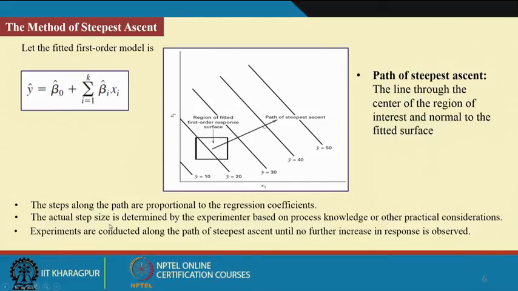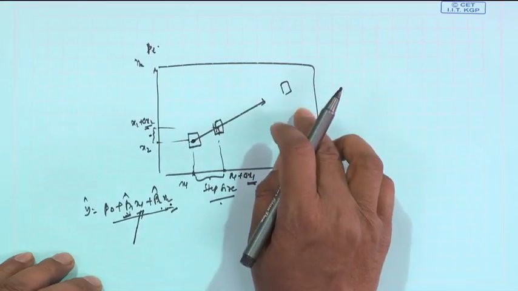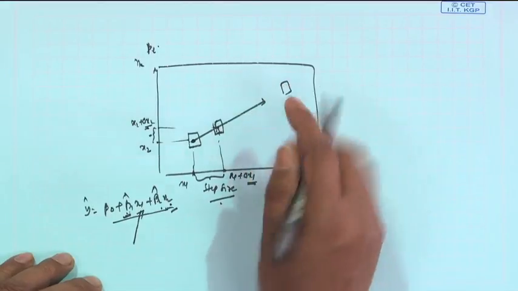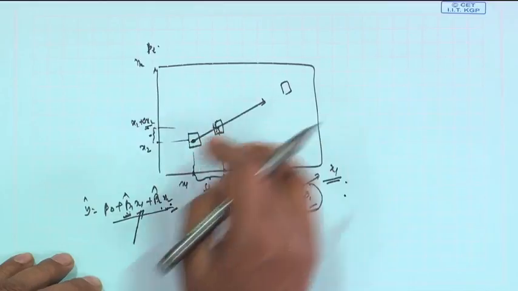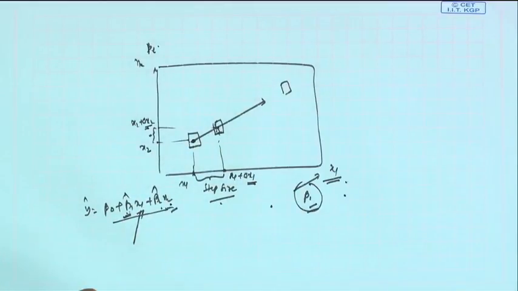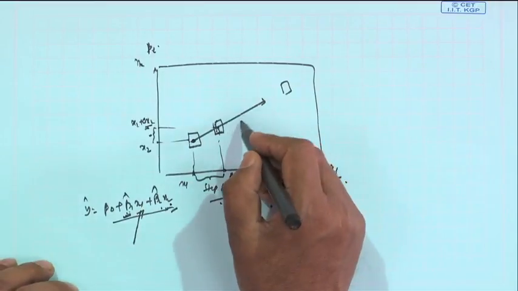I will tell you the computation issue later, but the issue is that in order to go along this line you need to choose steps, that means how far you will go. You may say I will do it here, but it may not work. The distance may be so high that in between there are points, who knows, where the maximum lies.